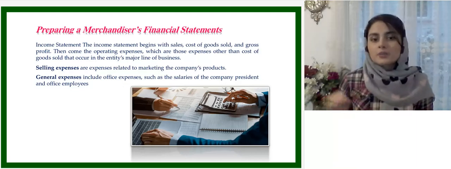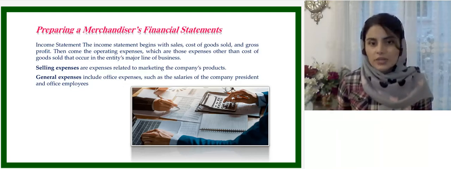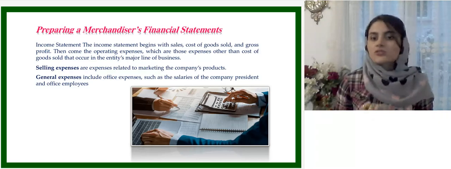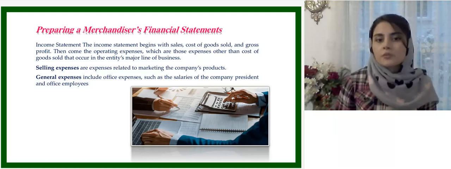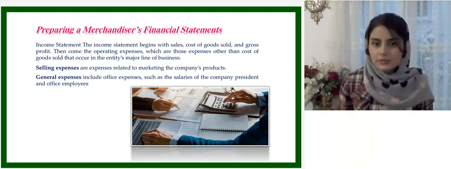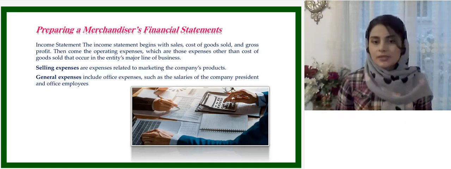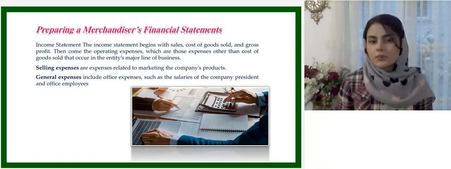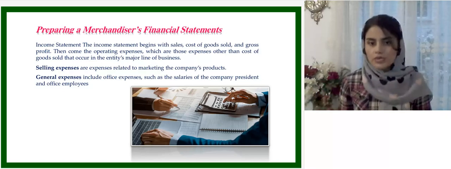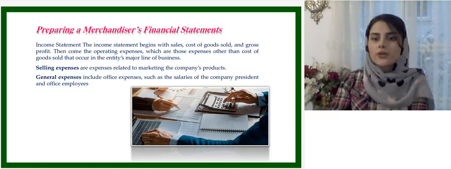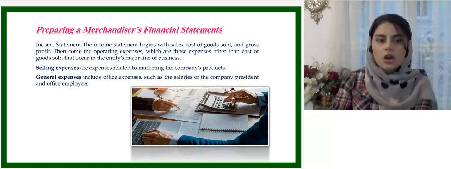Selling expenses are expenses related to marketing the company's product: sales salaries, sales commissions, advertising, depreciation, rent, and utilities on the store's building, and also delivery expense. And general expenses include office expenses such as the salaries of the company president and office employees, depreciation, rent, utilities, and property taxes on the home office building.